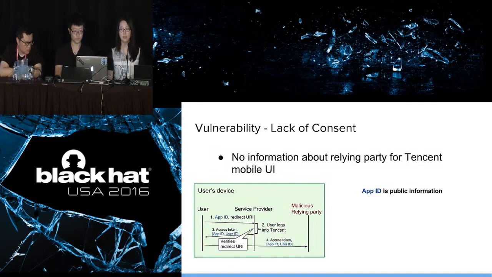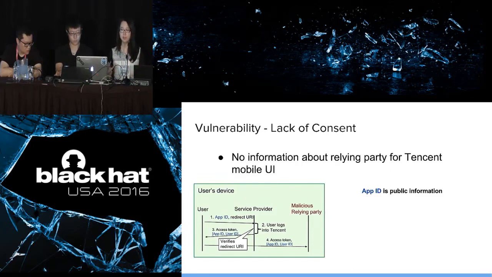Here we use the example of Tencent. Tencent is a very big Chinese service provider. You might know it as the same provider as WeChat. It has over 700 million users across China and overseas.